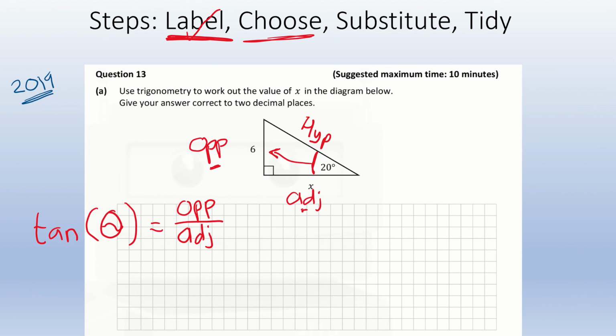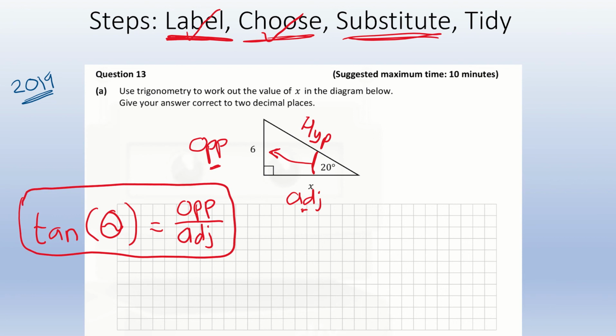Okay, once I've chosen which trigonometric ratio I wanted to use, I can take that off, and I'm on to step 3. To sort out step 3, I need to substitute my information from my question into my equation here. So in my equation, tan of theta, well in my question, the angle that I'm given is 20.